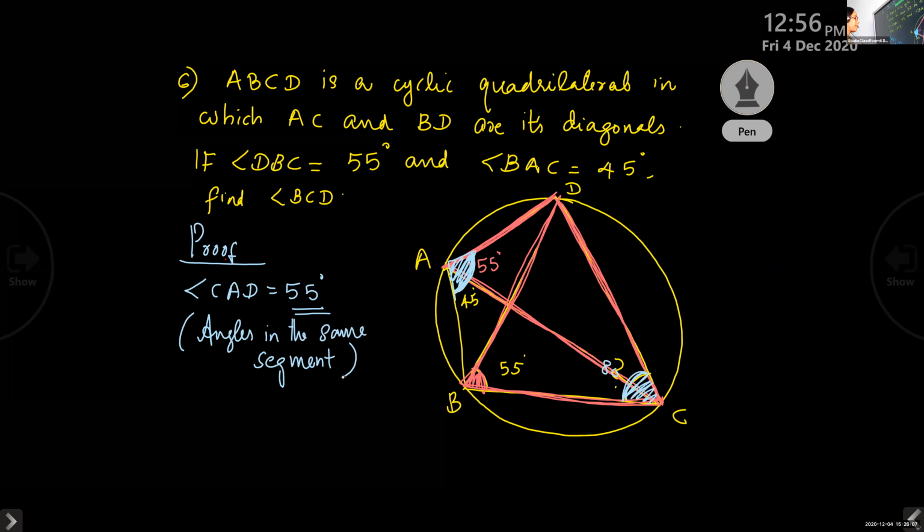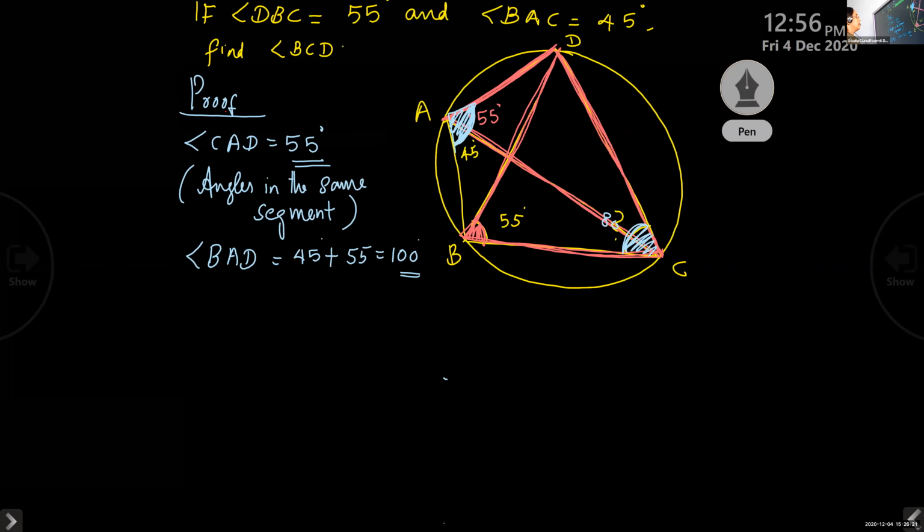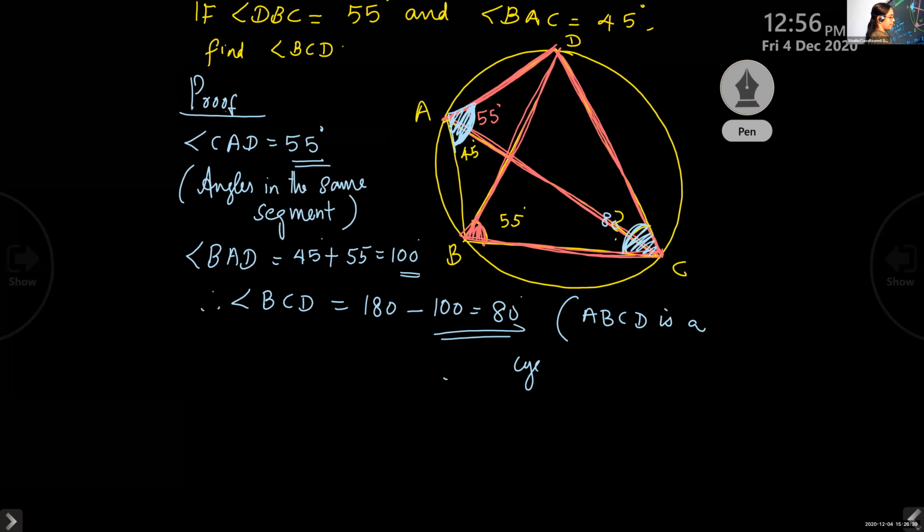Now, angle BAD equal to 45 plus 55 equal to 100. Therefore, angle BCD equal to 180 minus 100 equal to 80, because ABCD is a cyclic quadrilateral.